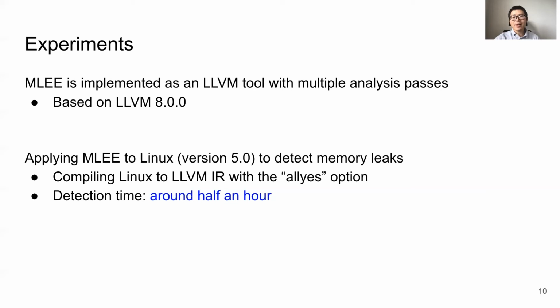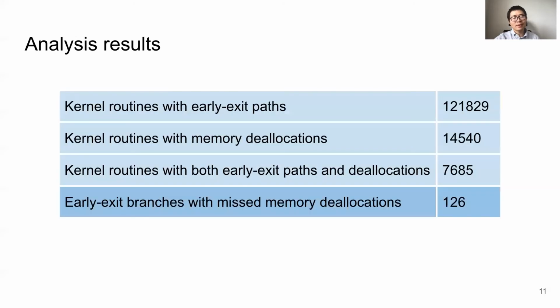Next, let's see some analysis results. This table shows some statistics of the analysis results. As shown in this table, there are more than 7,000 kernel routines that have both early exit path and memory deallocation. This demonstrates that it is very likely to have memory management operation on early exit path.